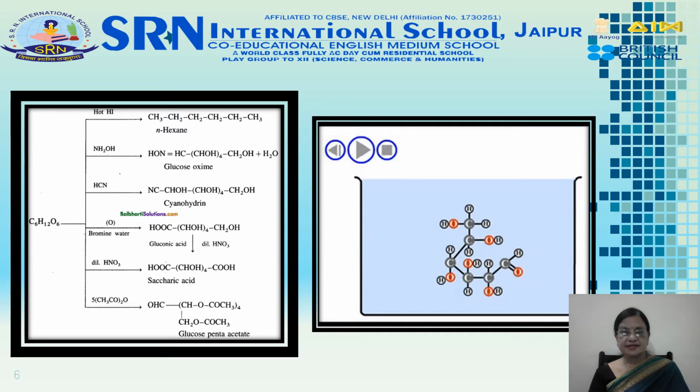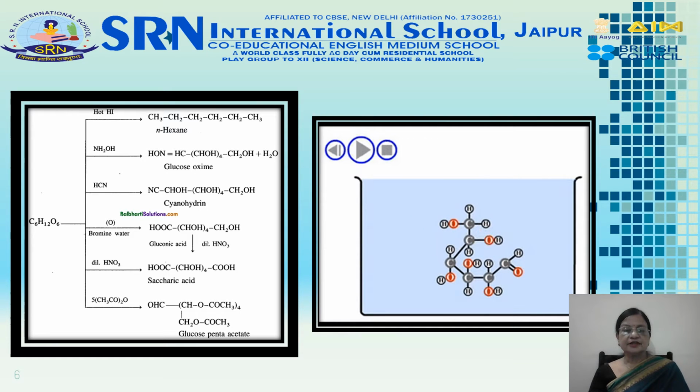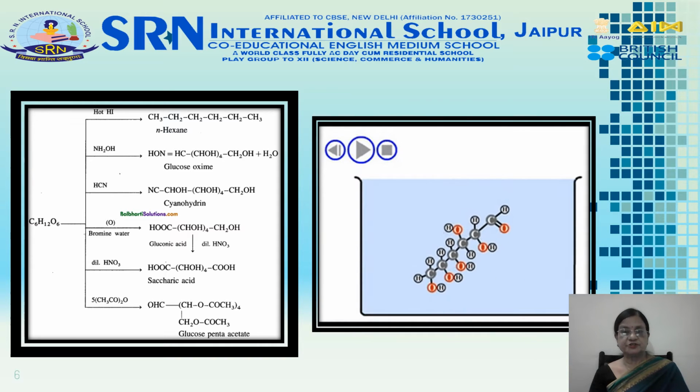The saccharic acid has 2 carboxylic groups, COOH groups, at the first and 6th carbon. Then the last reaction is with acetic anhydride. When it reacts with acetic anhydride, it forms glucose pentaacetate, showing that glucose has 5 OH groups.